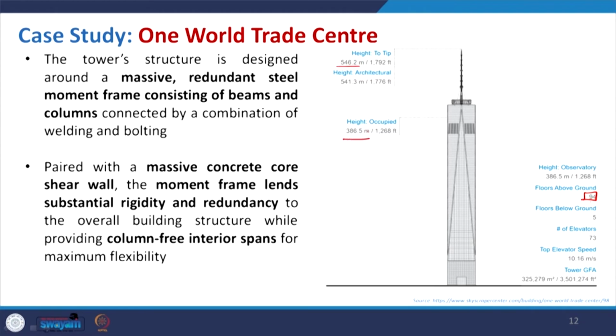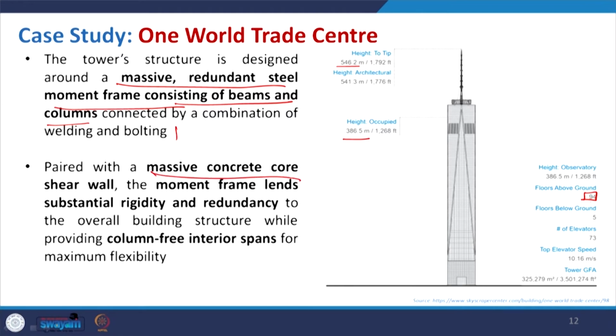In this case it is a massive structure, where the main structure is made with a concrete core, and a moment frame consisting of beams and columns is used. They are welded and bolted, and that is used in this structure.